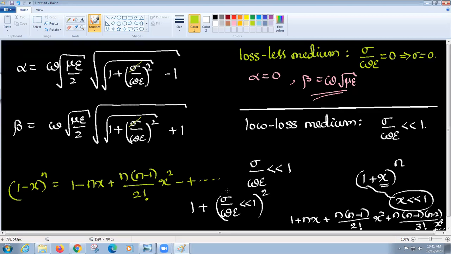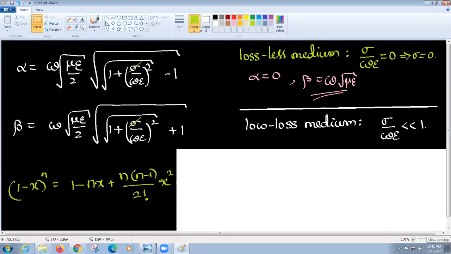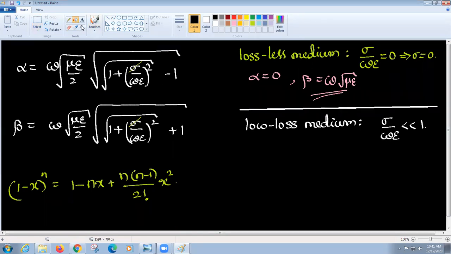Alternating signs, minus plus so on in this case. Are you able to understand this? These things you should know because this is already done in intermediate. You should not forget these things.